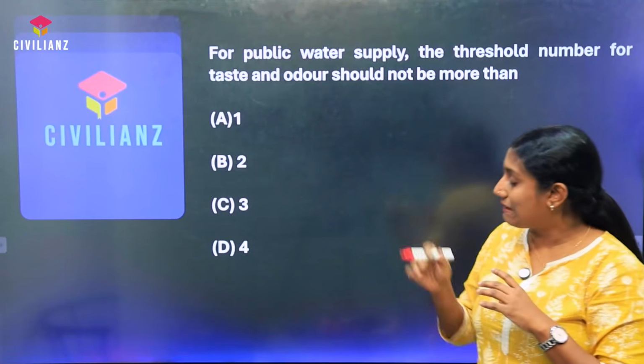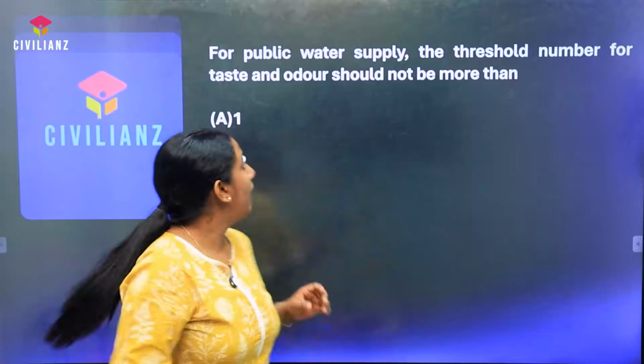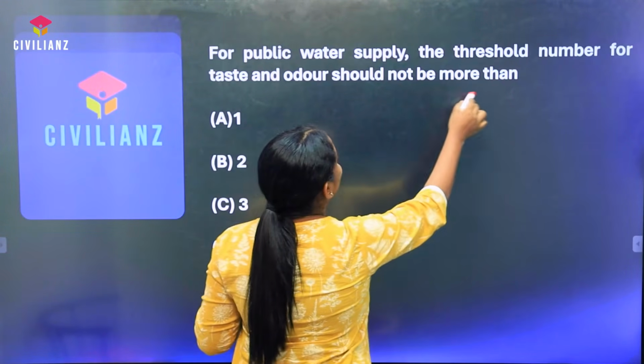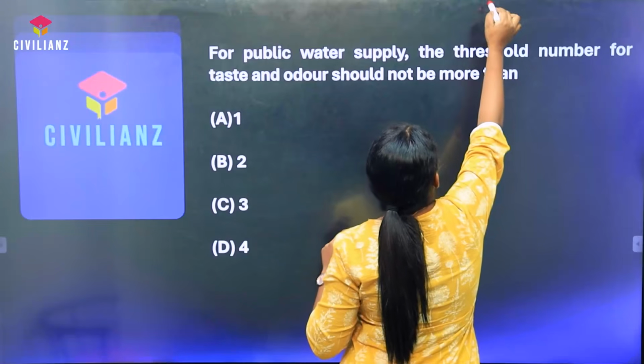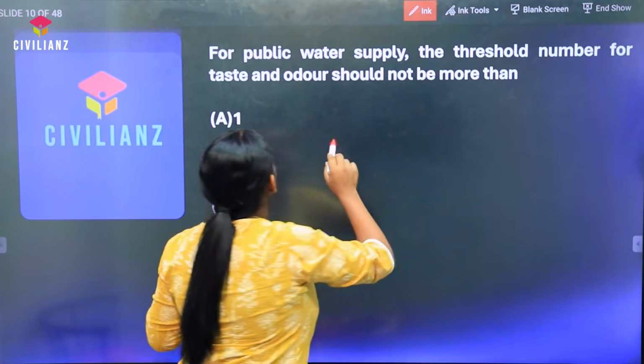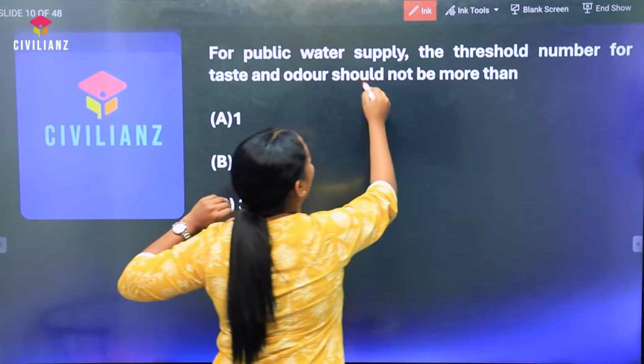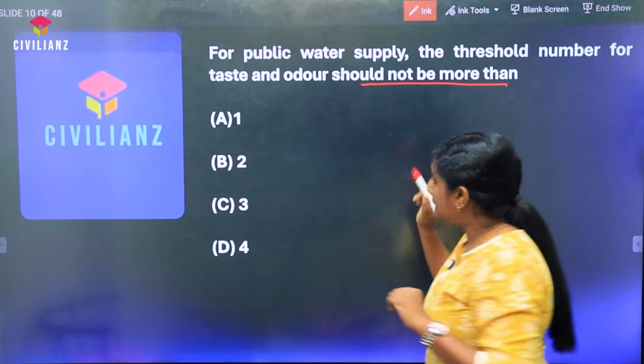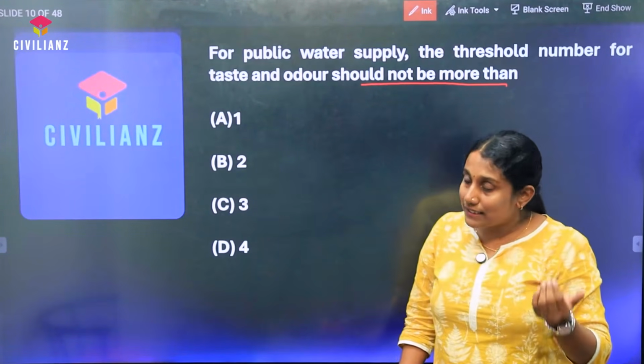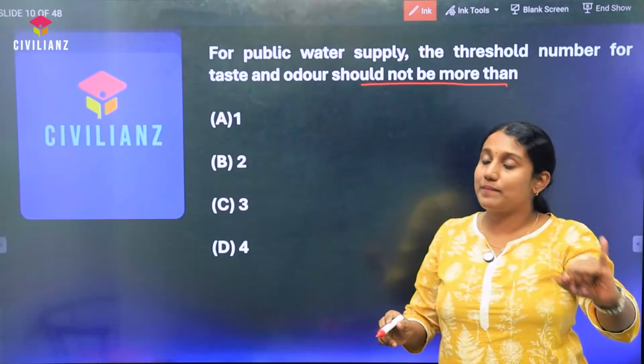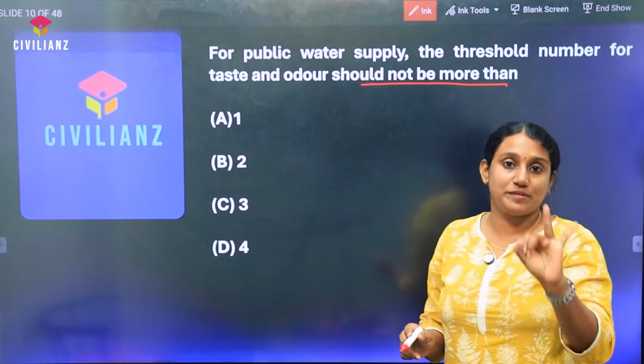In this case, they are asking should not be more than. In the options, they have given both the acceptable limit and the maximum permissible limit value.